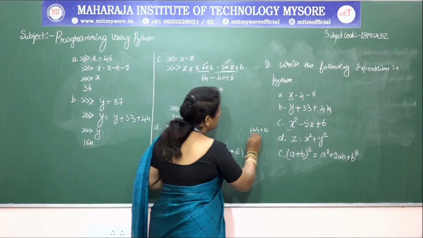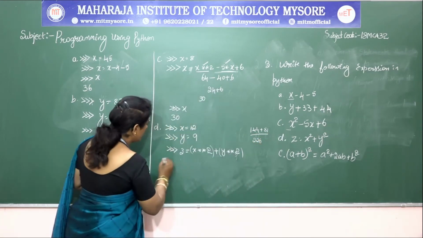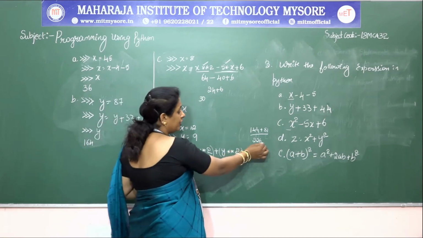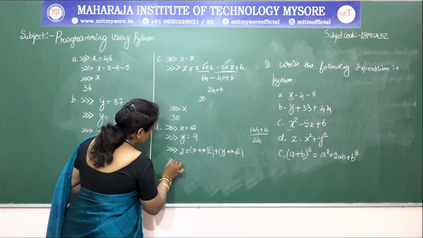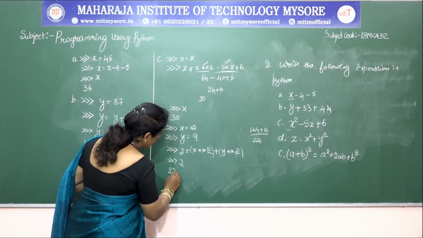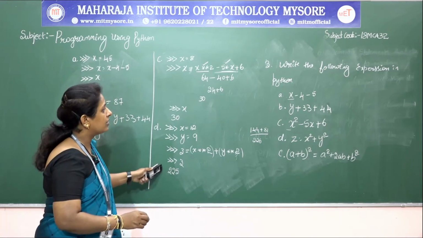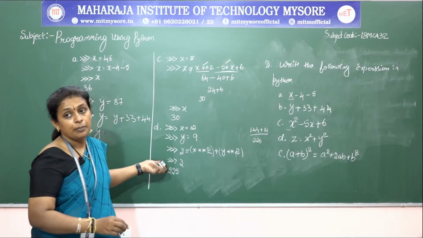When these two get added we get 225. So 225 will be stored in the variable z and displayed, so I will get the output as 225. This is how we write the expression in Python.